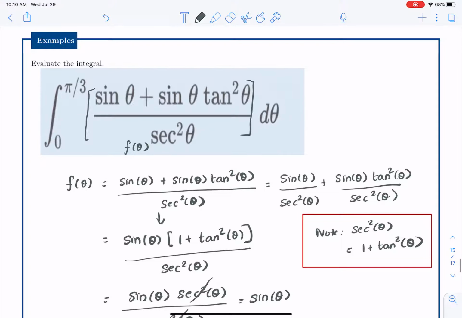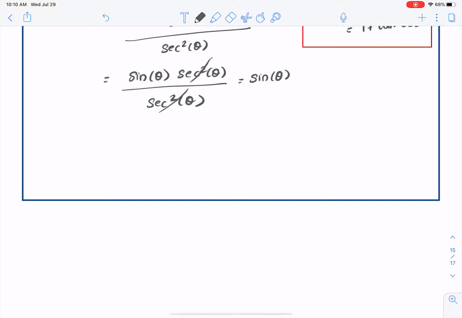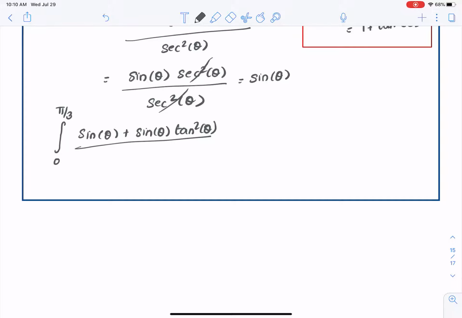So that giant expression that we had, the integral from 0 to pi over 3 of sine theta plus sine theta tangent squared theta divided by secant squared theta, would simply be equal to the integral from 0 to pi over 3 of sine theta d theta.